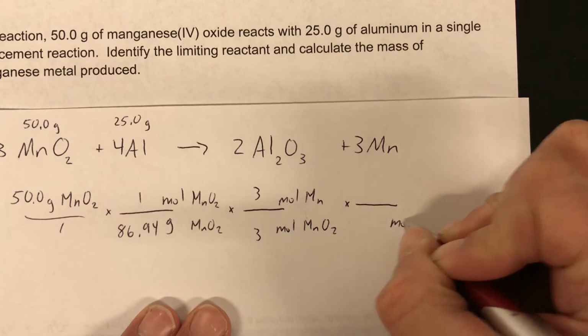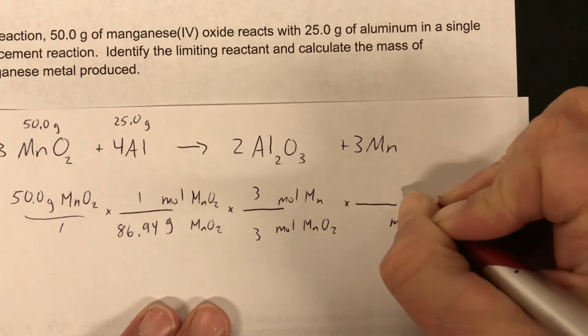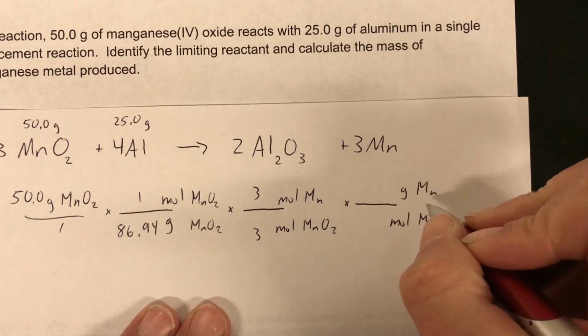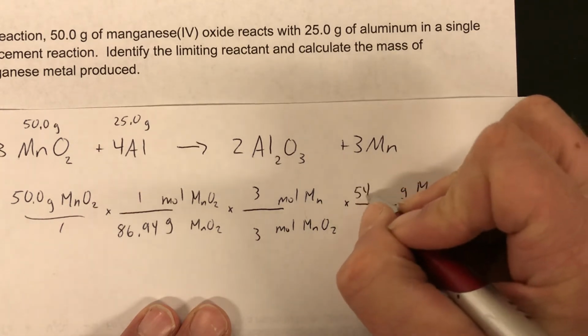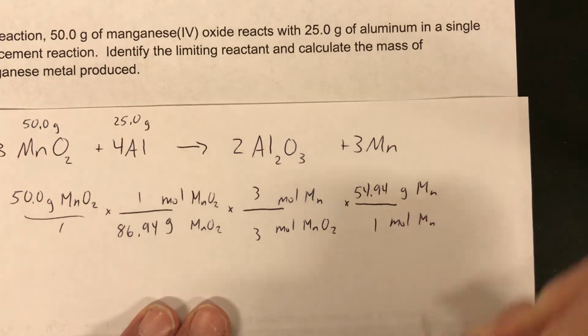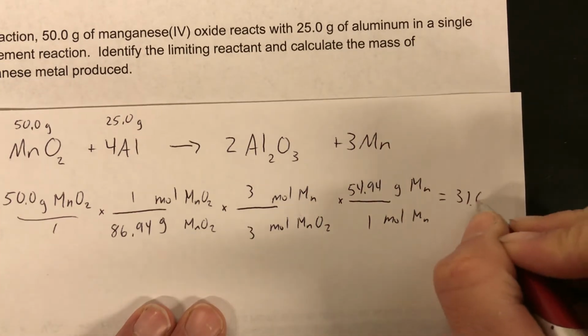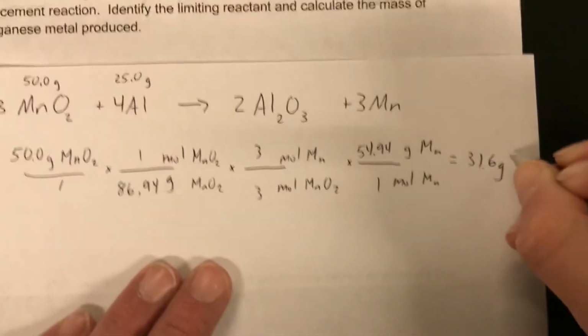And then go from moles of manganese to grams of manganese. And the atomic mass of manganese is 54.94 grams. Calculate across, and we would get 31.6 grams of manganese.